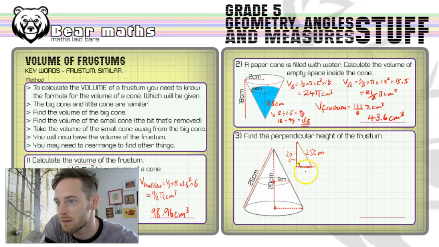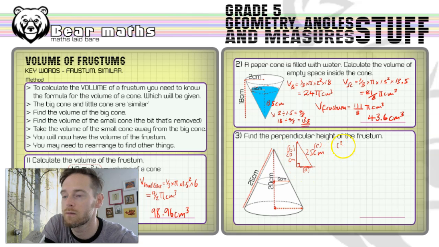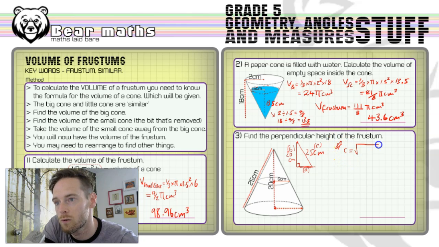If we want this side here, we want to call this one C, because C is always the longest side. This one could be B and this one could be A. I'm going to do it the quick way in this video, and I'll explain this in more detail later. A is equal to the square root of C squared minus B squared.